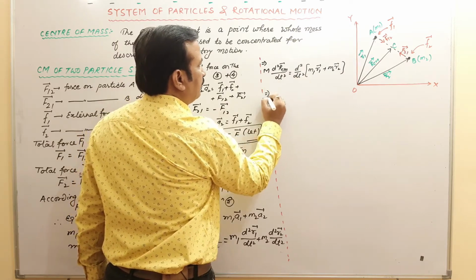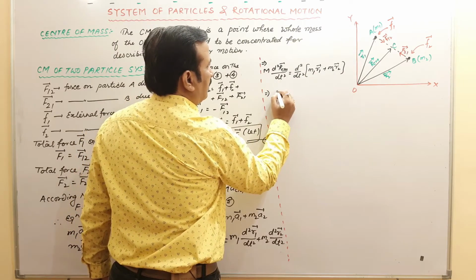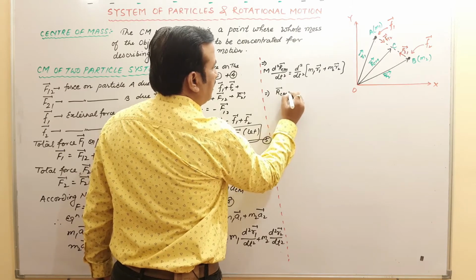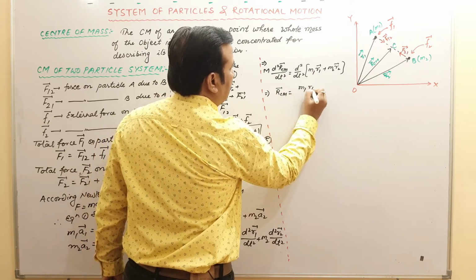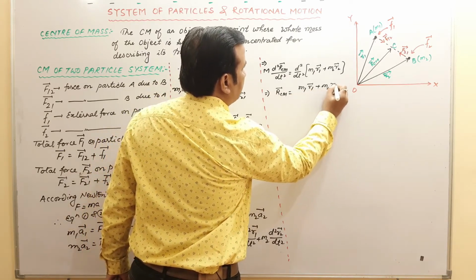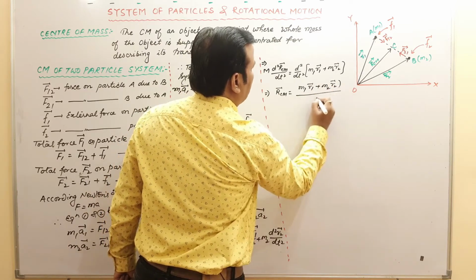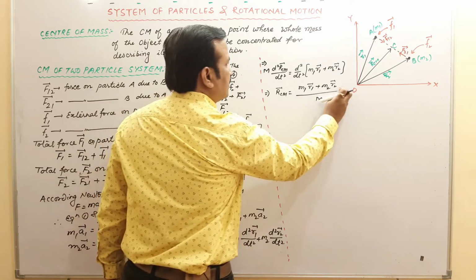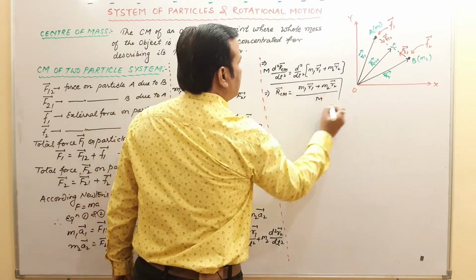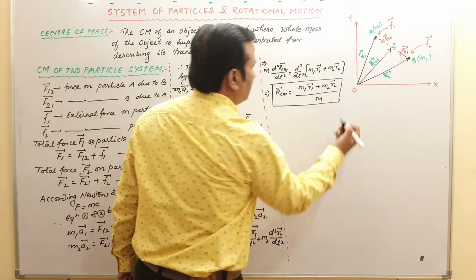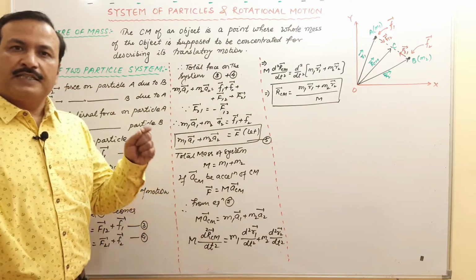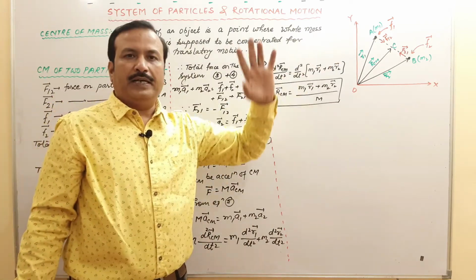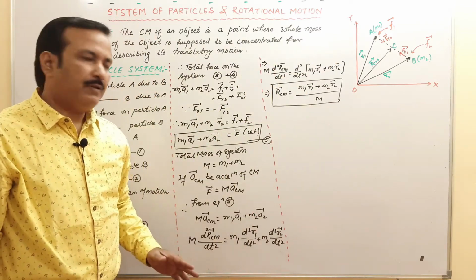So this will give you RCM equal to m1 r1 plus m2 r2 upon M. This M we are taking to the other side. So this is the position vector of center of mass of a two particle system, right?